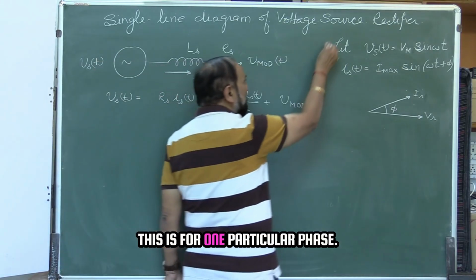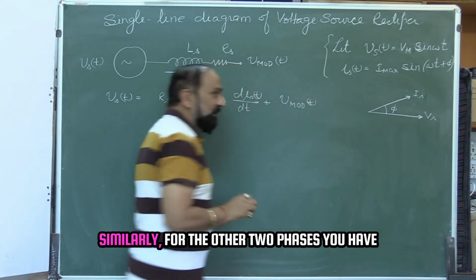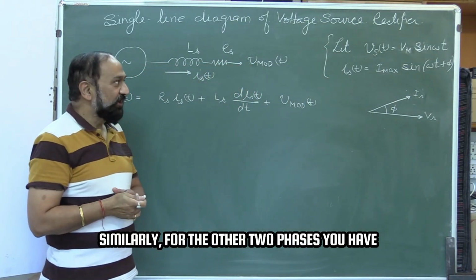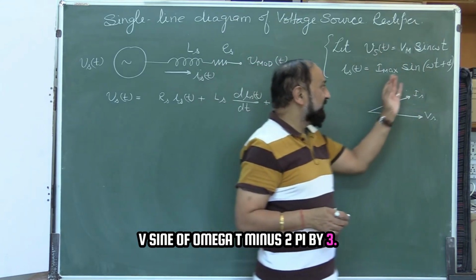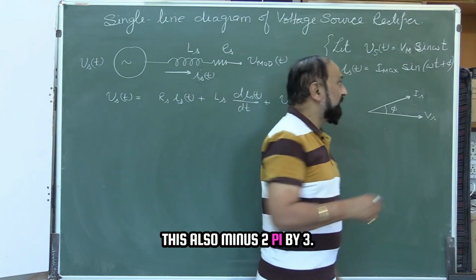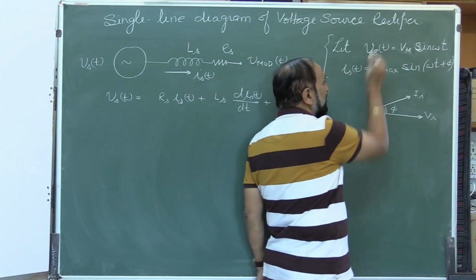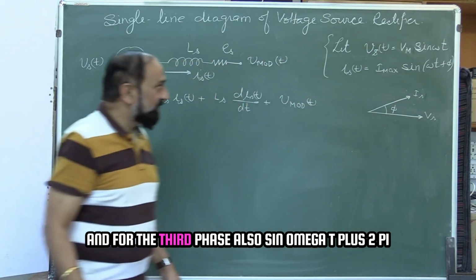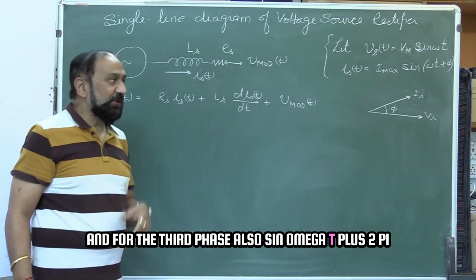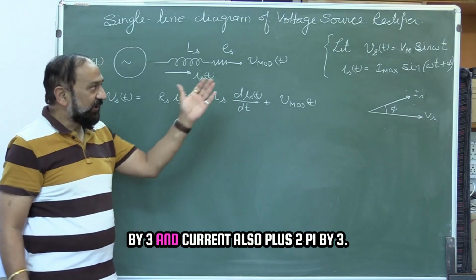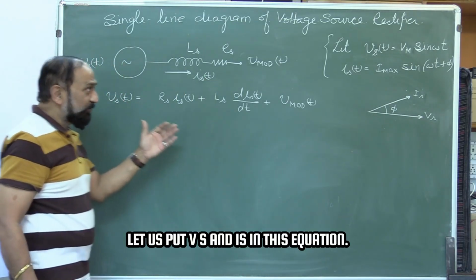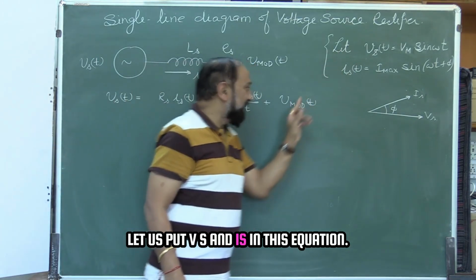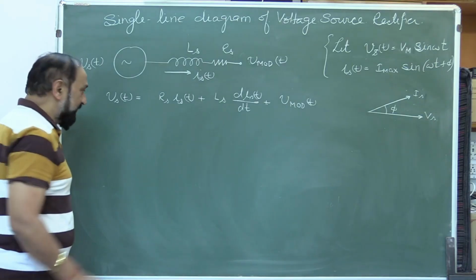This is for one particular phase. Similarly, for the other two phases, you have Vm sine of omega t minus 2 pi by 3, and the current also minus 2 pi by 3. And for the third phase, sine omega t plus 2 pi by 3, and current also plus 2 pi by 3. Let us put Vs and Is in this equation.